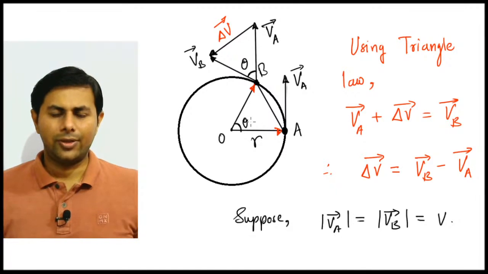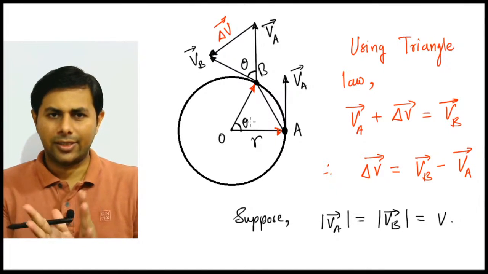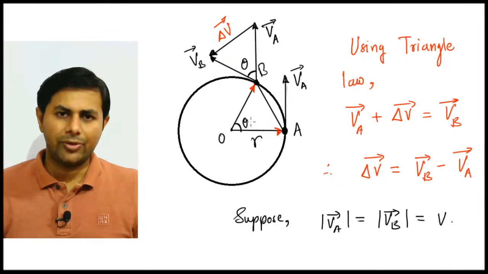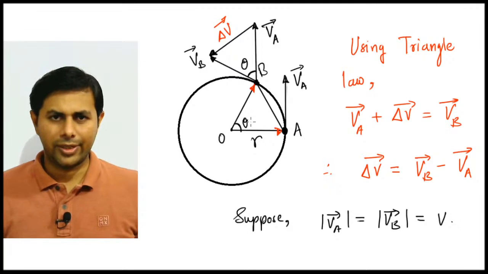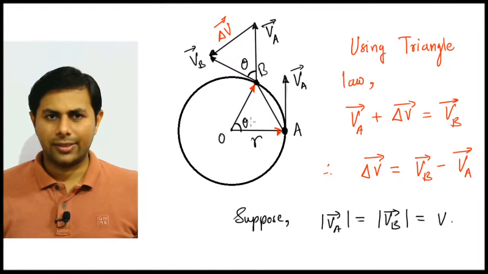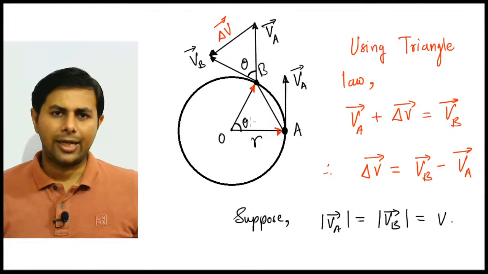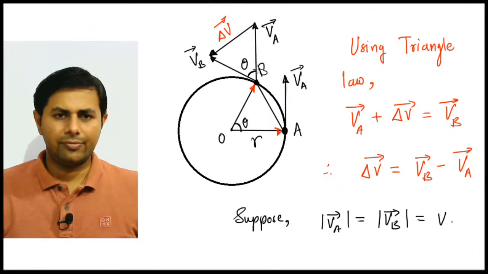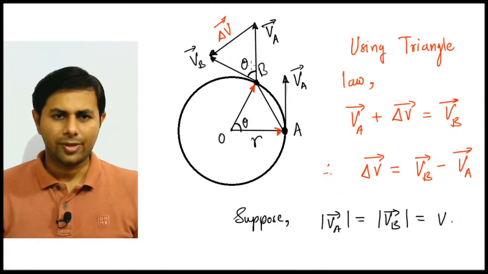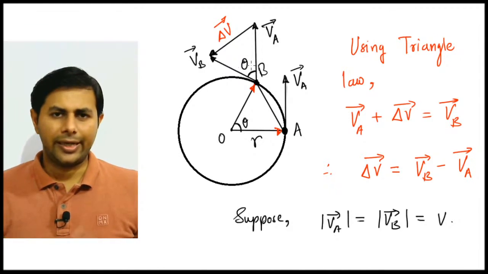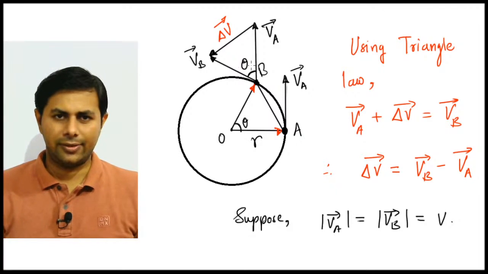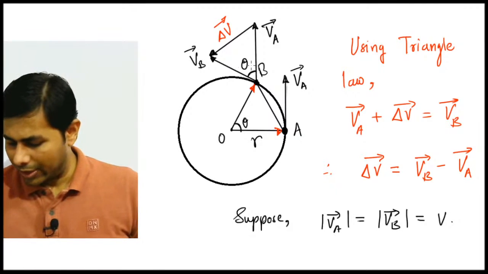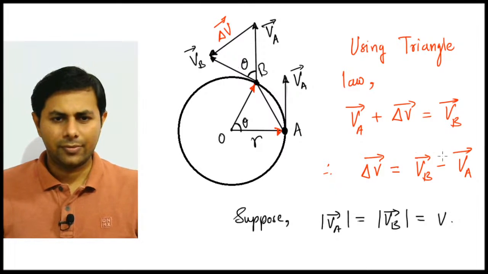Okay, so if angle between two lines is theta, then angle between perpendiculars drawn to those two lines will also be theta, and that's why this angle between two velocities, at point A and at point B, is also theta. All right, so now I hope it is clear to everybody.